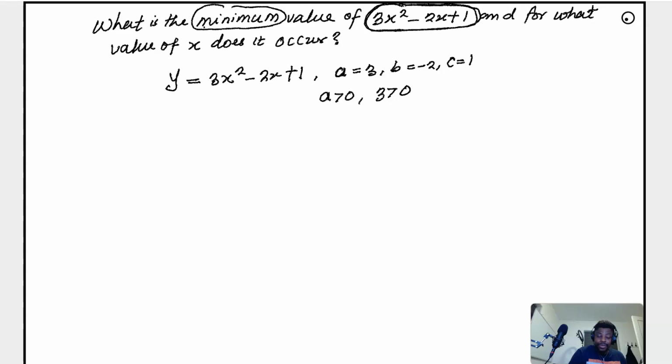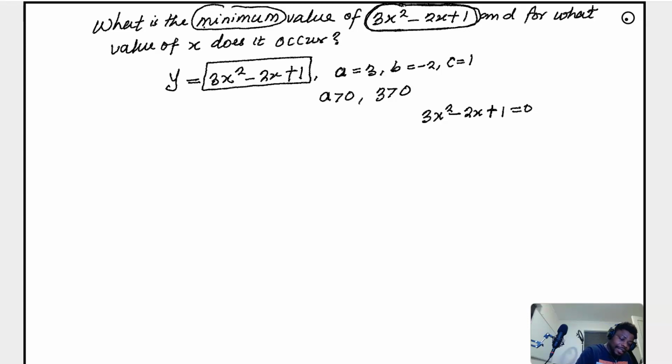Now, let's do that. So, I want to use completing the square method for this. So, what I will do here, I will write 3x squared minus 2x plus 1 is equal to 0. So, I would do it normally, the way I use completing the square method to solve quadratic equation.